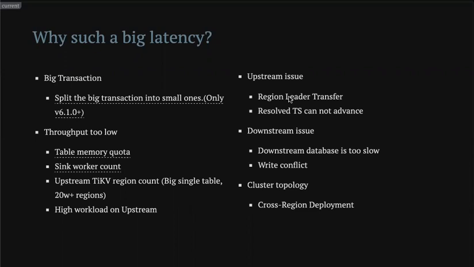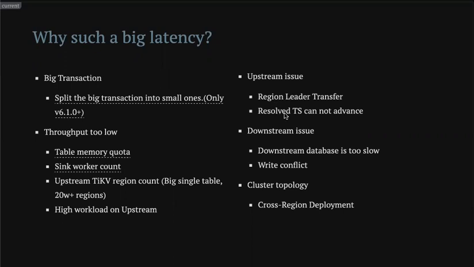If the region leader transfer happens too frequently, it probably causes a big latency because TiCDC needs to reconnect to the new leader and try to get the resolved TS from this new leader. So if the resolved TS cannot advance, it will cause a big latency because the whole pipeline cannot advance.